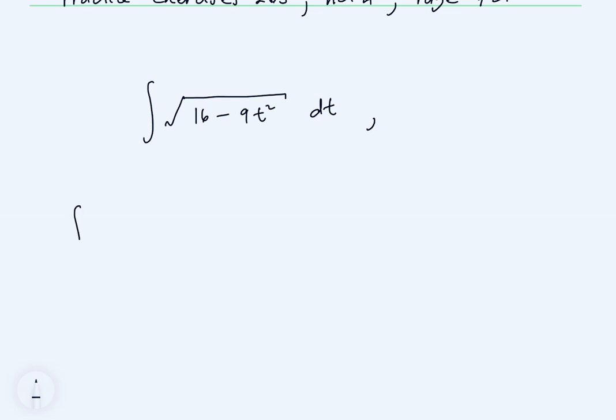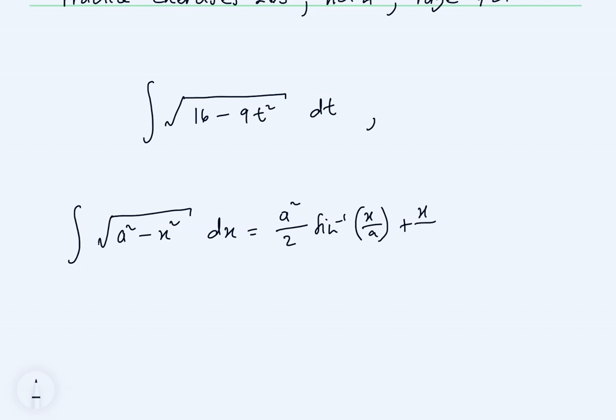The integral of the square root of a squared minus x squared with respect to x is equal to a squared over 2 multiplied by inverse sine of x over a, plus x over 2, let me write the 2 again, there's a 2 here, multiplied by the square root of a squared minus x squared, plus arbitrary constant c.